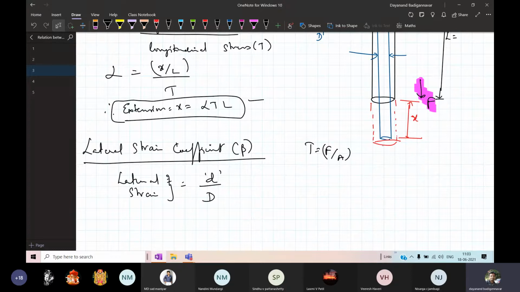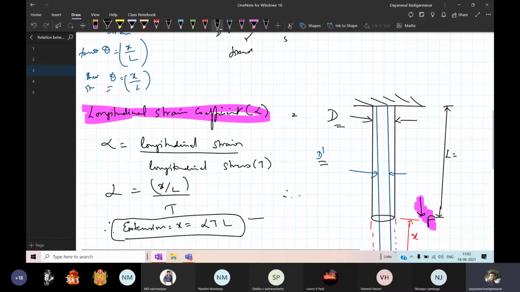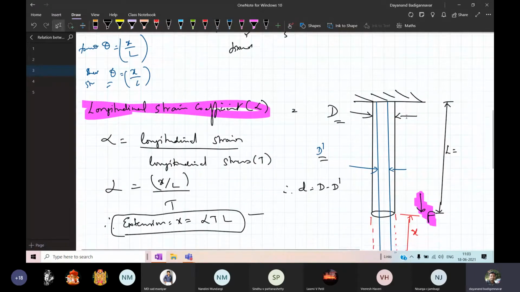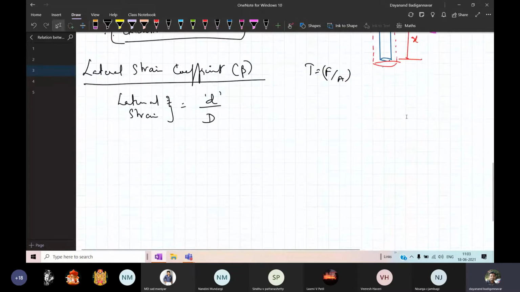Here the original diameter is D, the new diameter is D dash, therefore the change in diameter is D minus D dash. That is, there is a shrinking of the diameter. So d by D is the lateral strain.